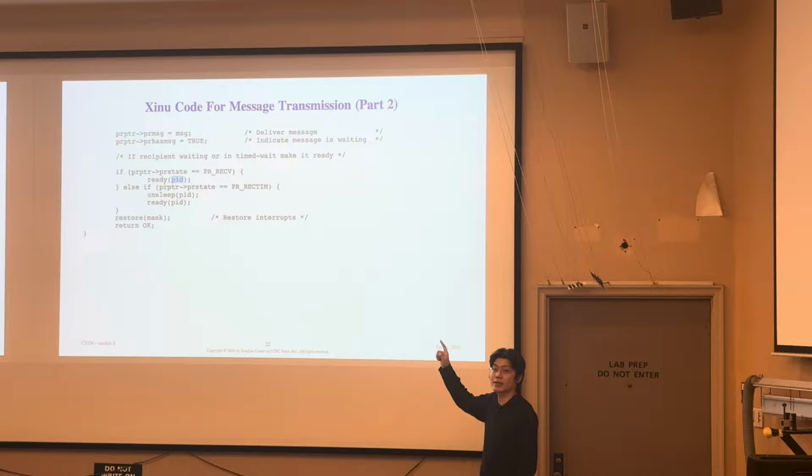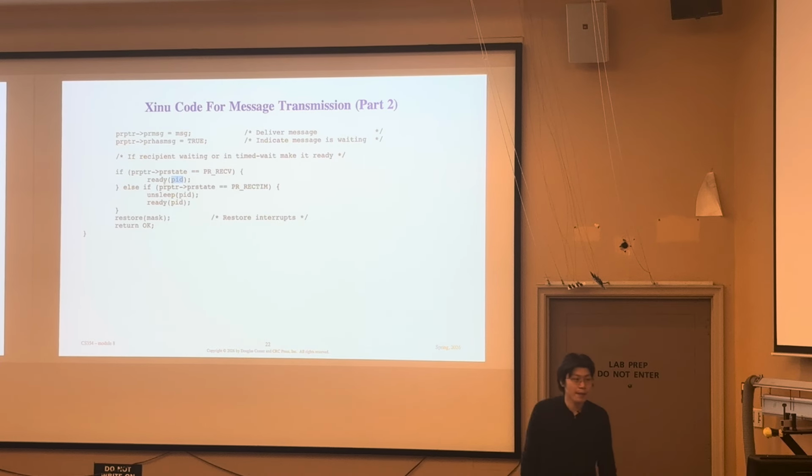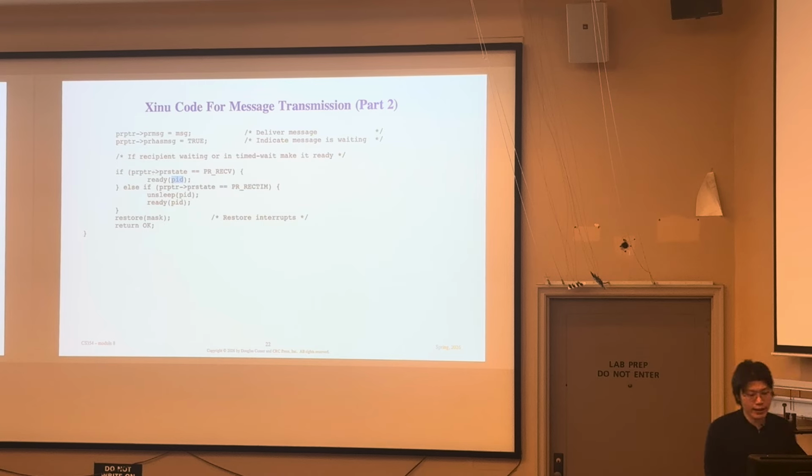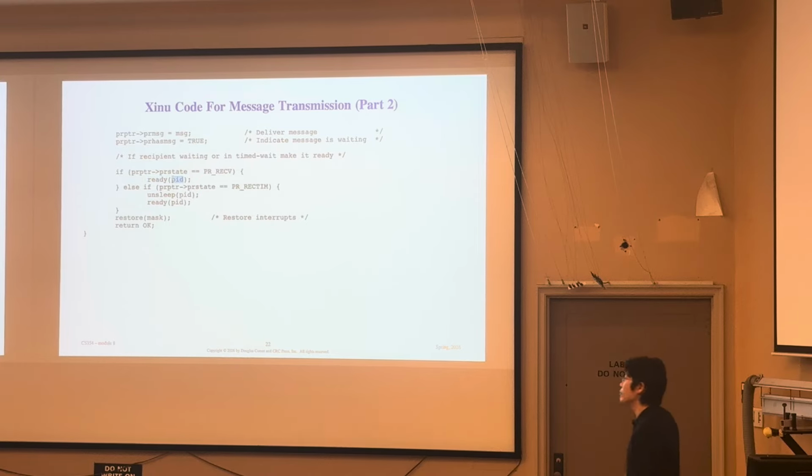The sender process will change the receiver process state to be ready. And remember, the ready function internally calls reschedule. So it will change the process to ready, put it in the ready list, and call reschedule if needed.